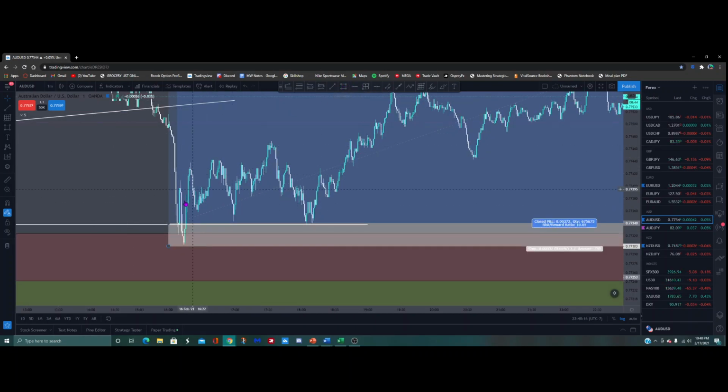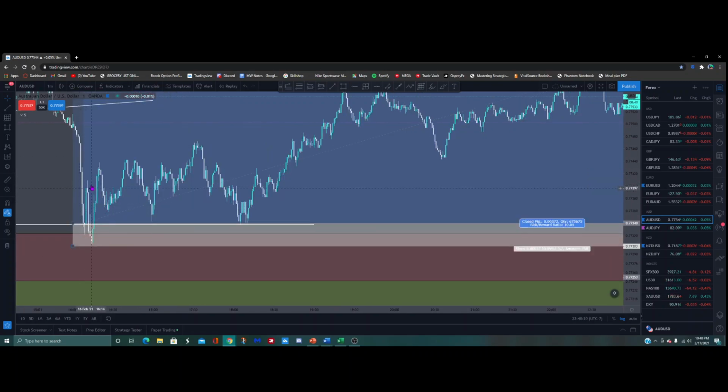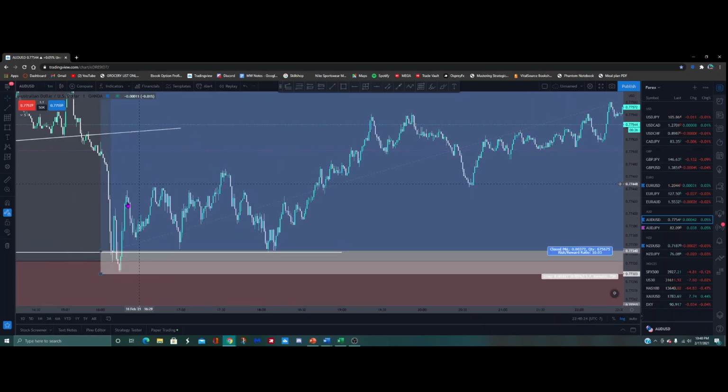But what we could look for is once we've tapped into this order block, broken away, and cleared out this structural high right here. Obviously we haven't really shown that we're making higher highs and higher lows up until this area right here where we've cleared this high side liquidity, which I'll draw right here. So that's your high side liquidity at this point.